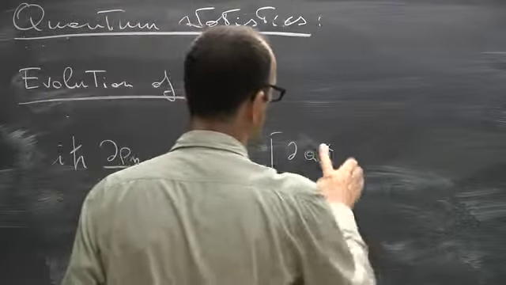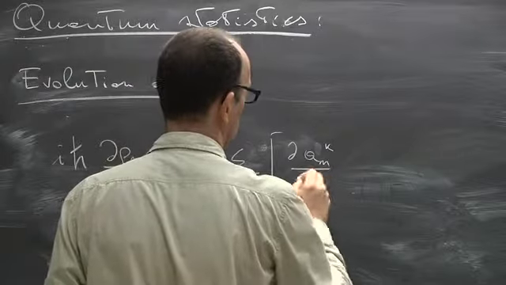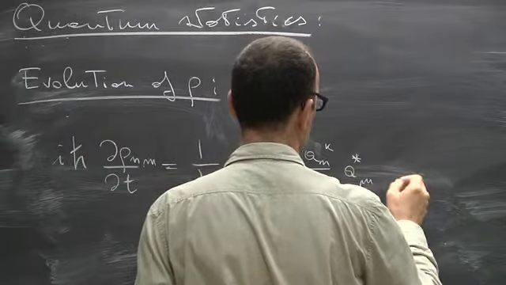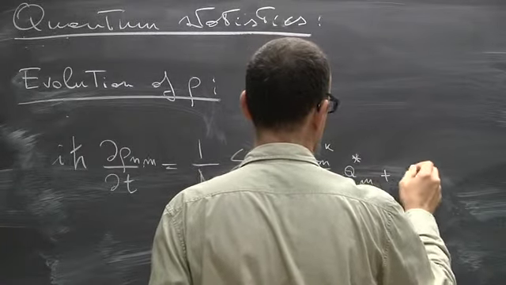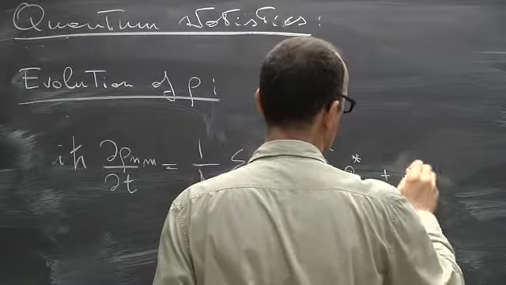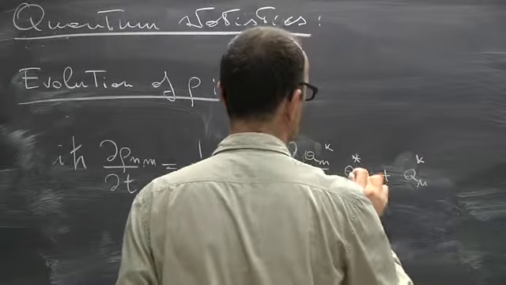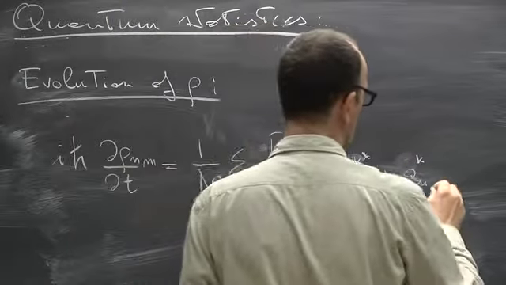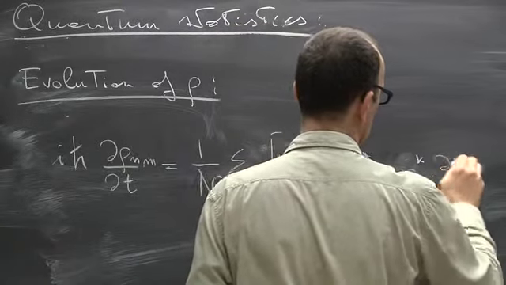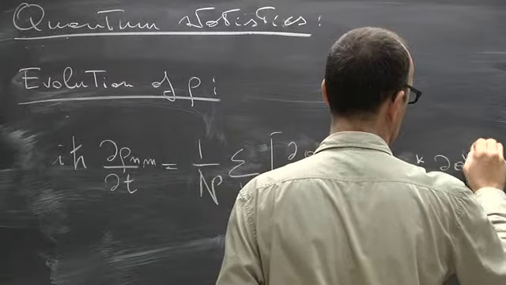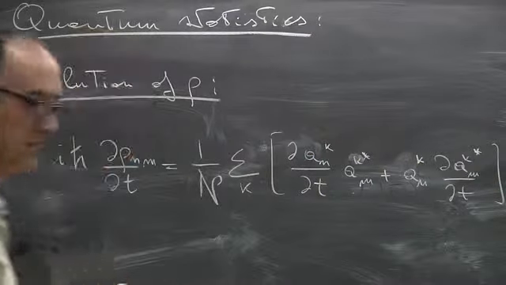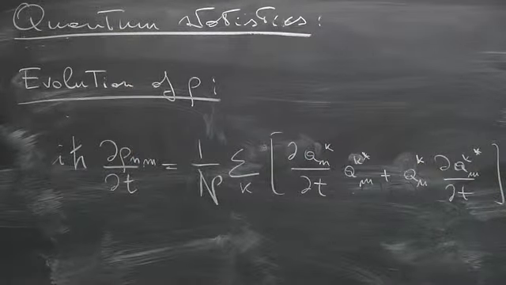I have d a n k dt times a m k star, plus a n k times d a m k star dt. I'm just taking the time derivative of the two parts.